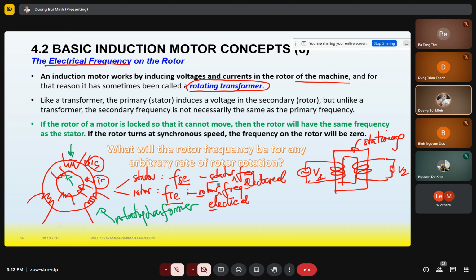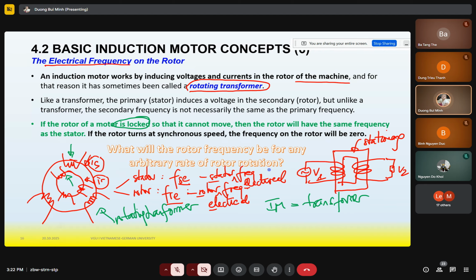If the rotor is locked, the induction motor becomes a transformer, because the rotor is fixed and we have no rotation.